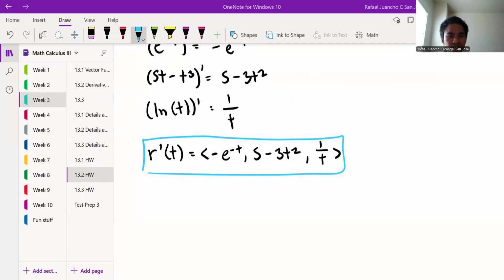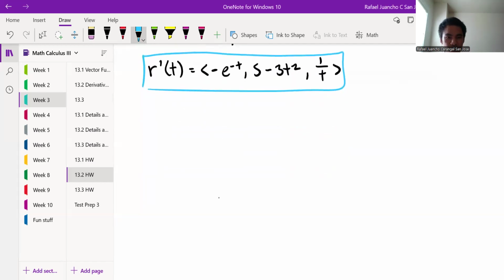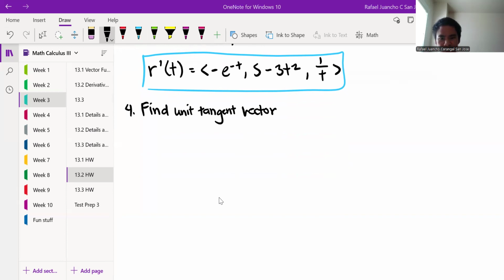Okay. Next thing we want to do. Okay, that's that. Number 4. Here we want to find what we call a unit tangent vector. So this is basically taking the derivative and the length is 1, pretty much. Because that's what the unit means.